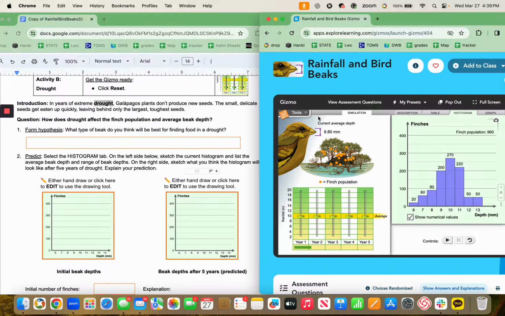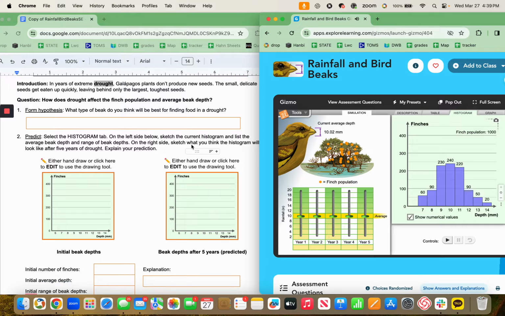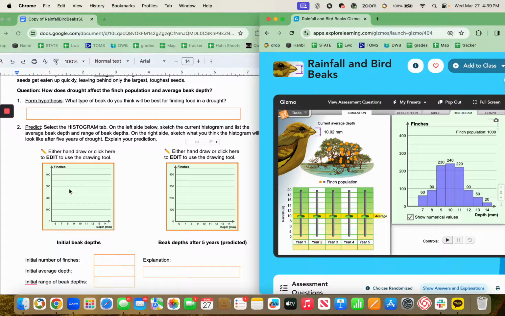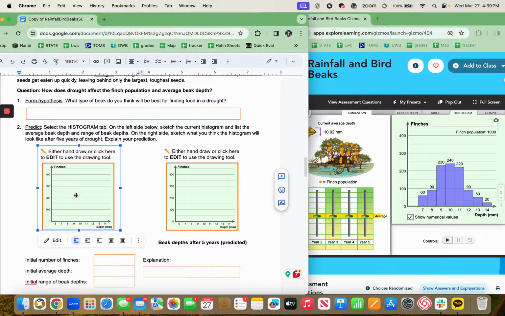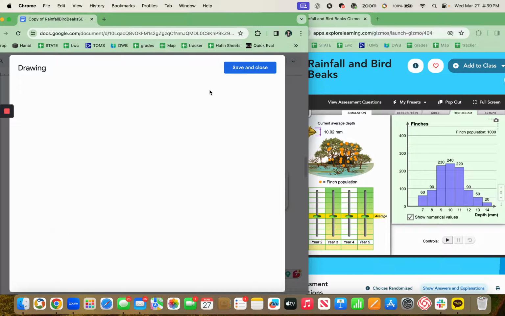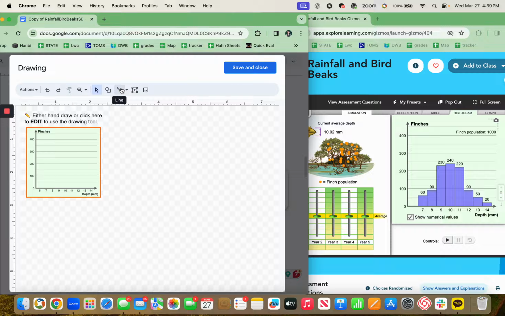What you're going to do is, I think we're going to hit reset again. You're going to sketch the current histogram, and then sketch what you predict to happen. The way you sketch on these Google Docs is you click on the image, and then you go to edit, and then you pick a drawing tool, which can be a line, or you can do a scribble.